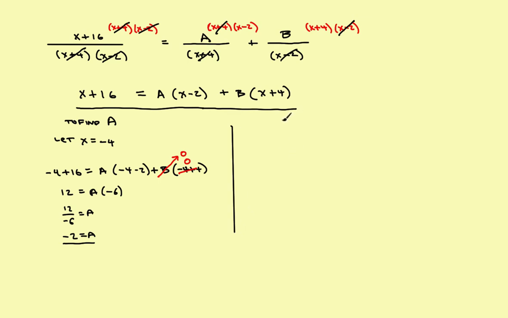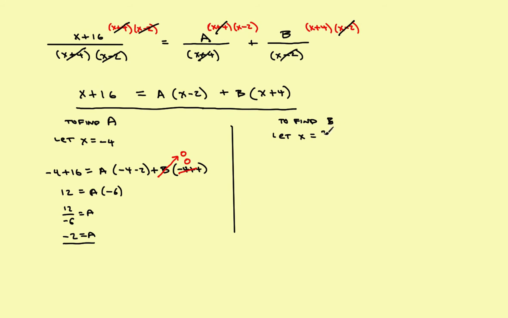So we'll use the same logic. To find B, this time we want A to go to 0. Again, your choice, I'll let X equal whatever it takes to make this term go to 0. In this case, if you picked +2, that would be a great choice because 2 minus 2 would be 0.